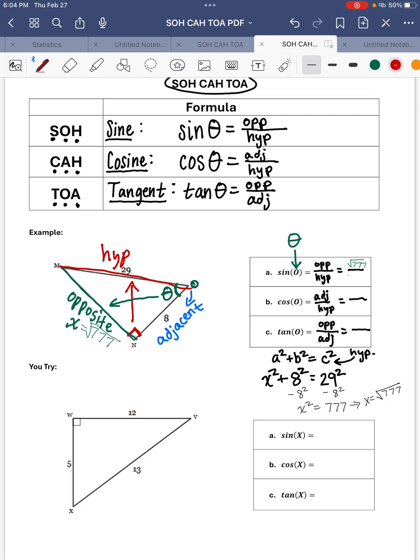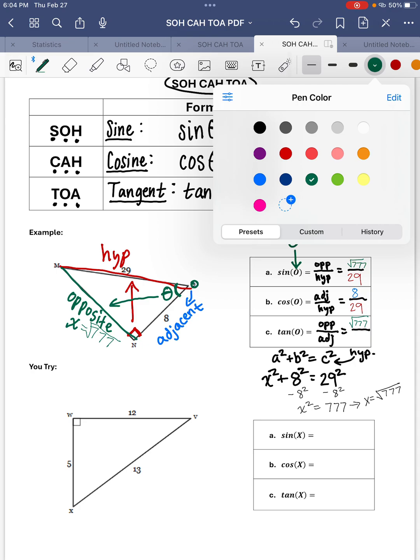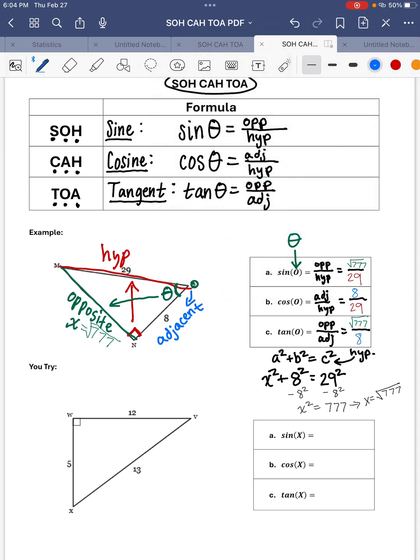Hypotenuse, 29. Adjacent, 8. Hypotenuse, 29. And then for tangent, we have opposite over adjacent. So we have square root of 777 over 8.